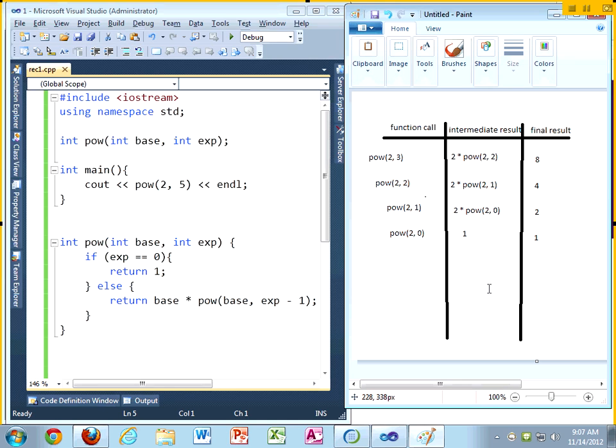Okay. Another way of saying this is that when I'm trying to find out what the result of a recursive function is, there are a bunch of other results that I need to figure out first, right? I need to figure out what the result of that recursive function call is in a smaller case, and then in a smaller case, and then in a smaller case, before I can figure out what the final result is.